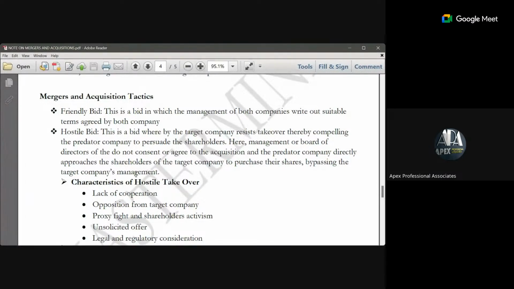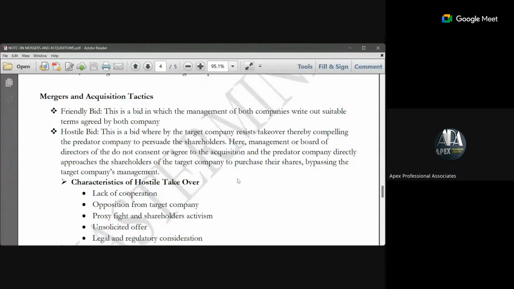So as a result, the predator company moves to approach the shareholders, trying to compel them or persuade them, whichever way, to support the merger or the acquisition, whichever one is being proposed.